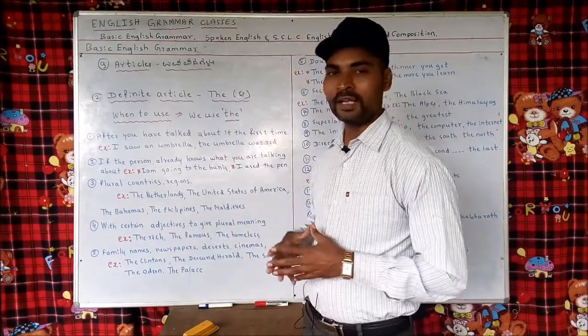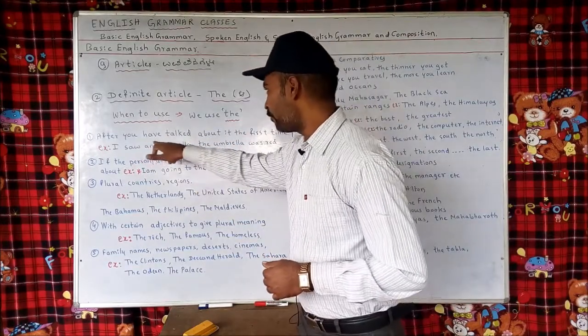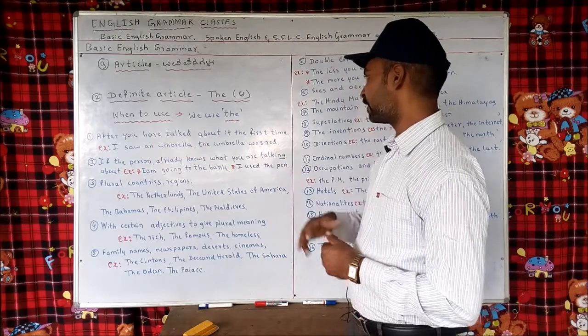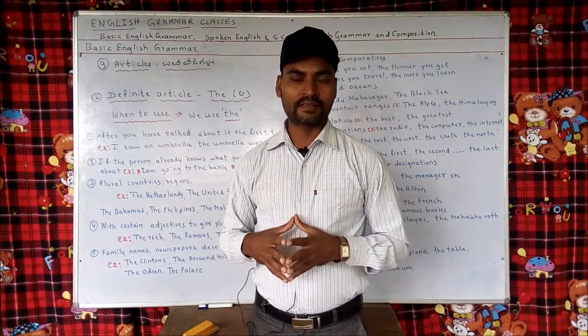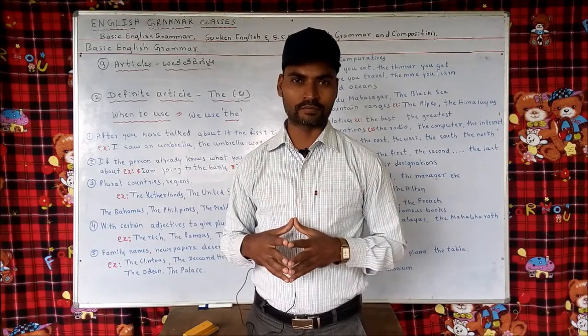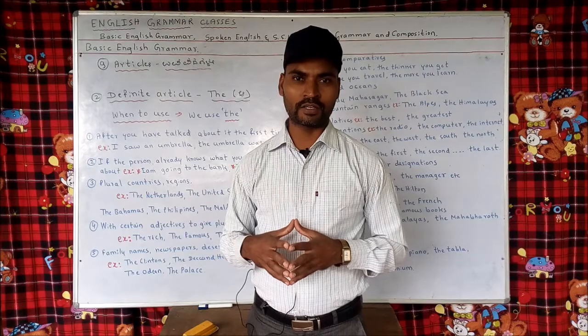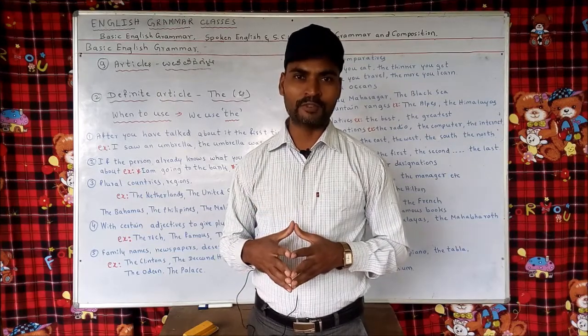The, it means when to use? We use the after you have talked about it the first time. When you talk about a person, thing, place, etc. for the first time, and then you are talking about the person, place, thing or animal a second time, you use the.